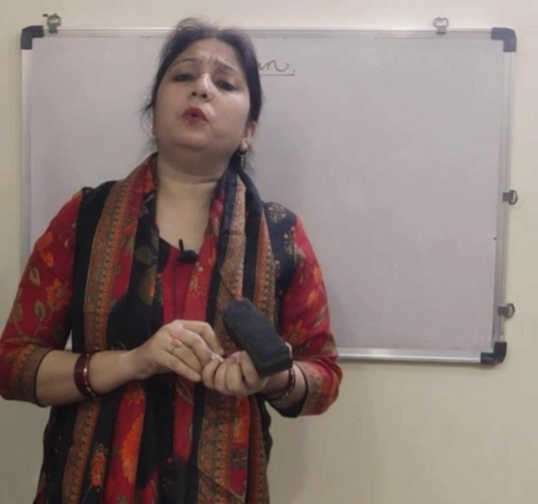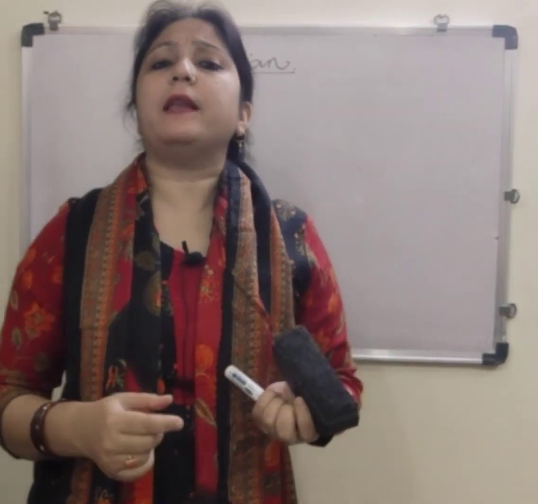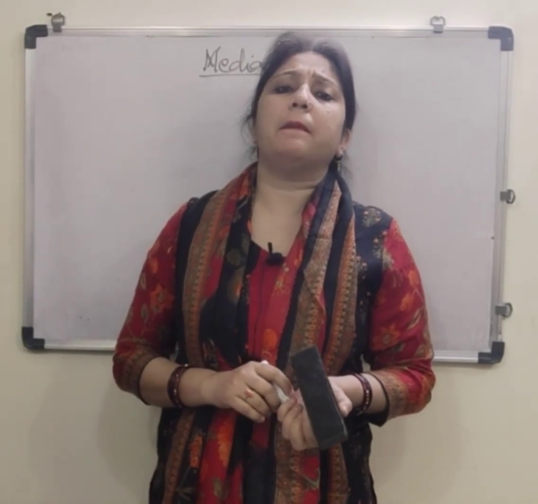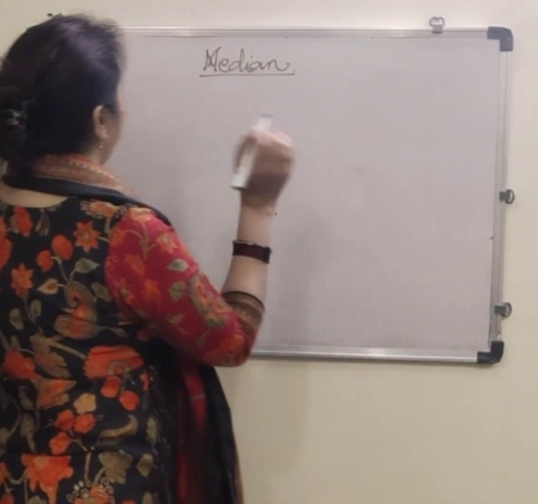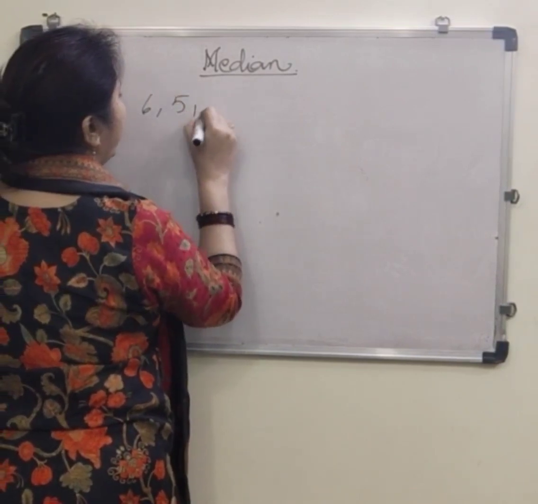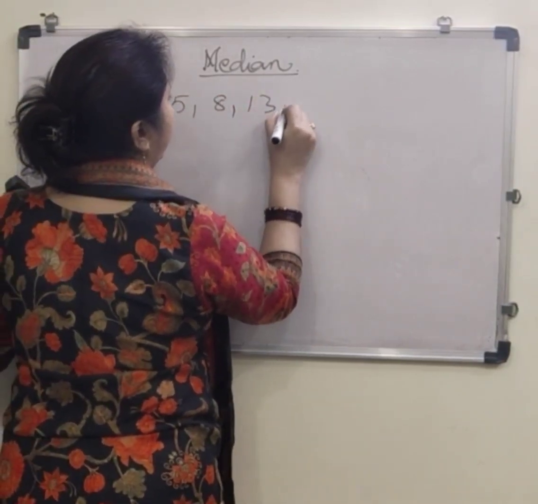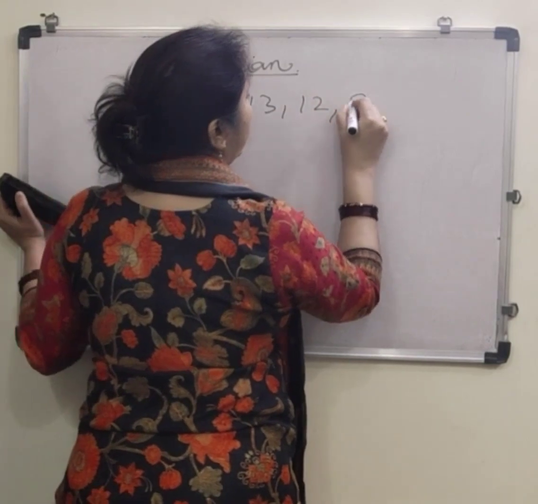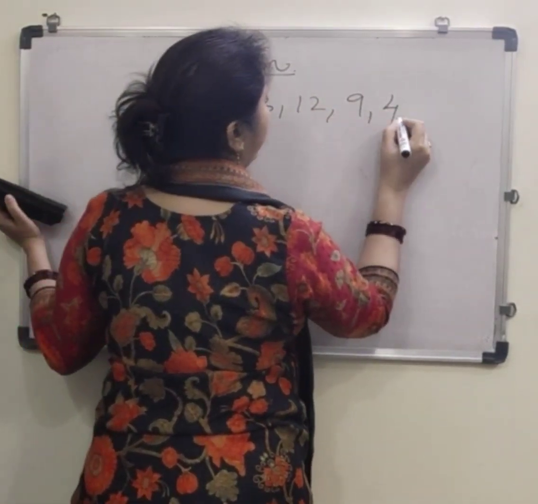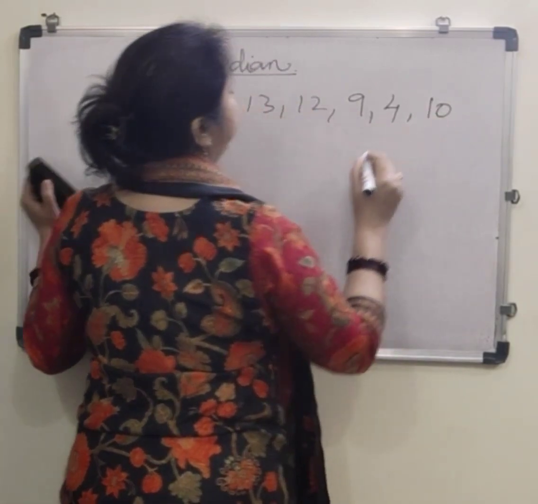Now coming to the second case, when our number of observations is even. Take random observations 6, 5, 8, 13, 12, 9, 4 and say 10.